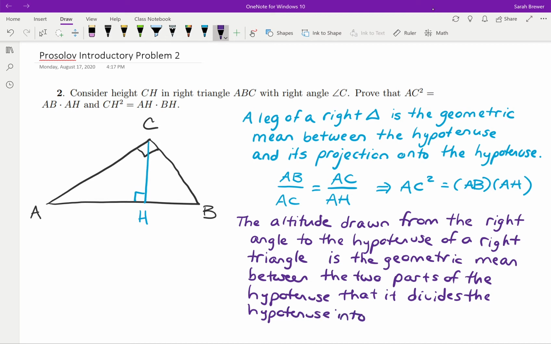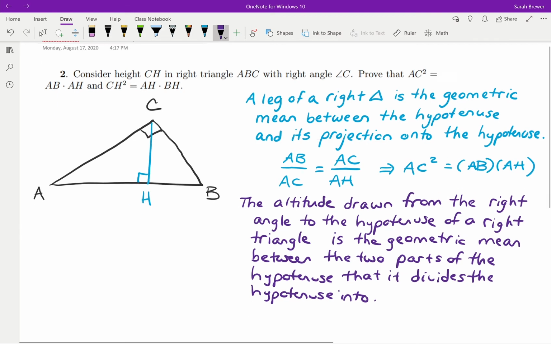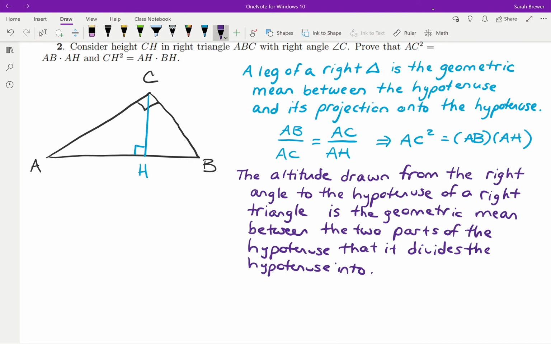And so here, our altitude is CH, and those two pieces that it divides the hypotenuse into are AH and HB. And so CH is the geometric mean, and the extremes in this proportion are AH and HB.